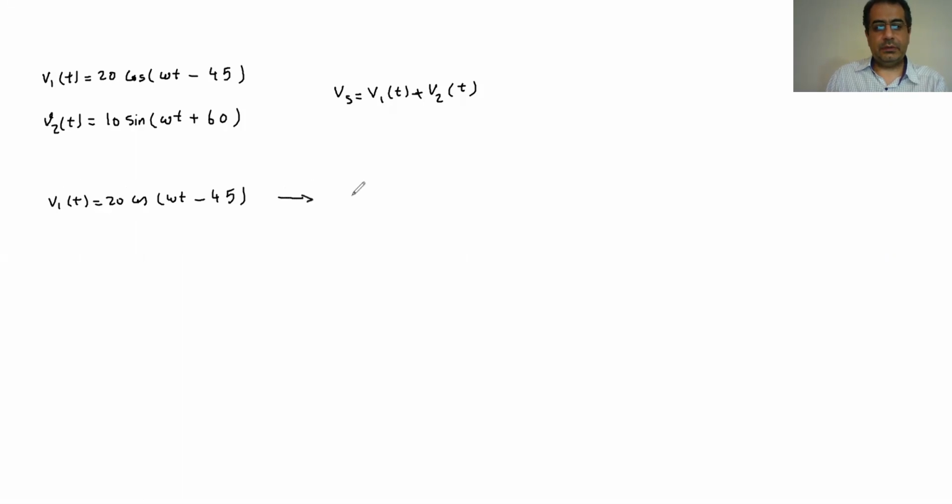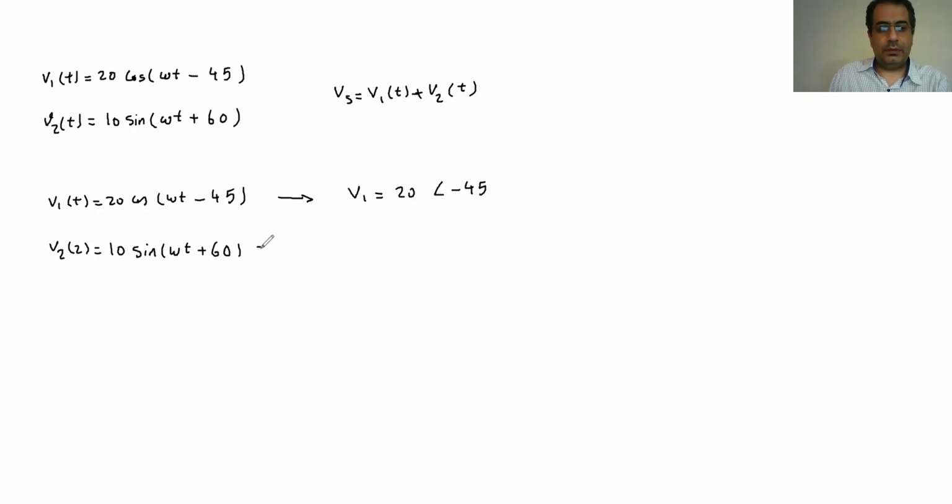Then in the phasor, V1 is going to be 20 with the angle of negative 45. V2 is 10 sine omega t plus 60.